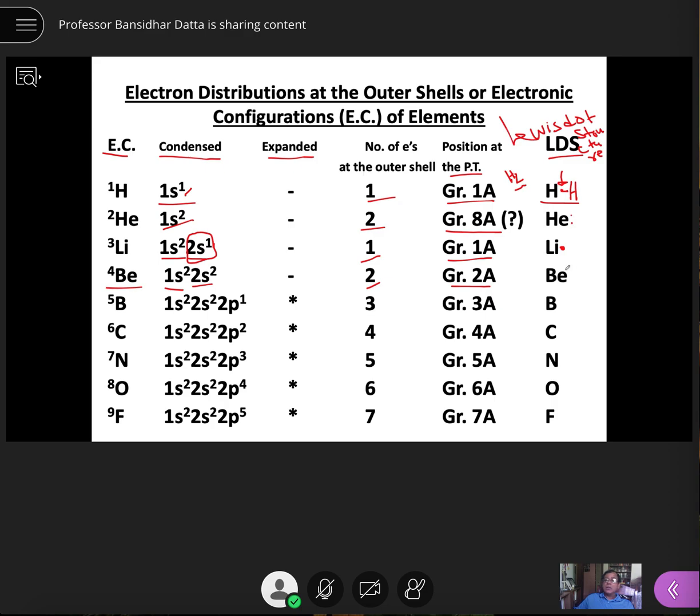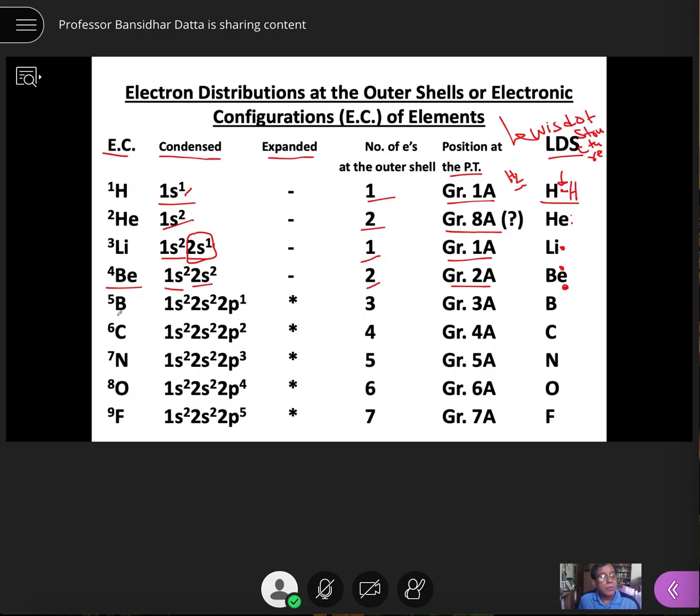The Lewis dot structure, you can put 1 electron there, 1 electron there. It doesn't matter how you put it, but if you put 2 dots, that's a Lewis dot structure with 2 electrons in the outer shell. So if you know the elements in the periodic table, you can also know the dots. They correspond perfectly, 1 to 1: the number of electrons in the outer shell, the group number, and the dot number.